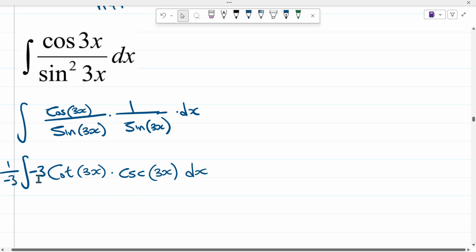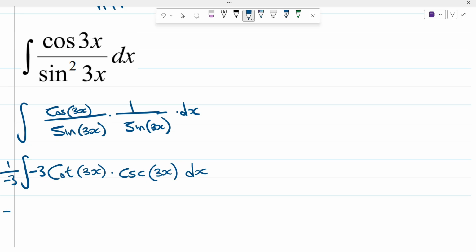So we know that the thing that was differentiated for us to get negative 3 cot of 3x cosec of 3x was cosec of 3x. So when we answer this now, we can just say this is minus 1 over 3 cosec of 3x, and then plus c.